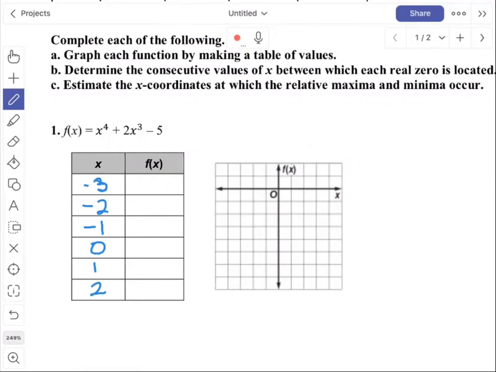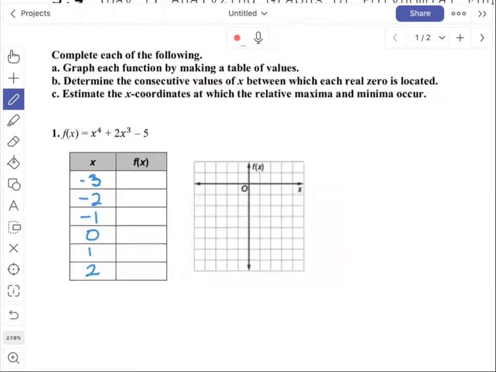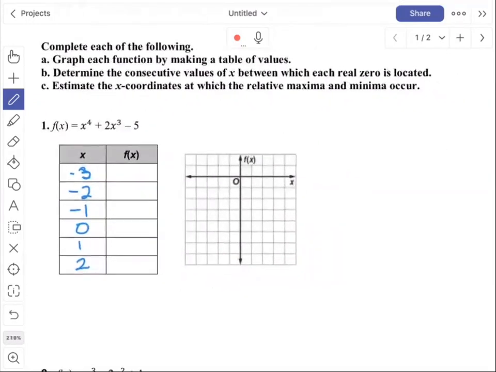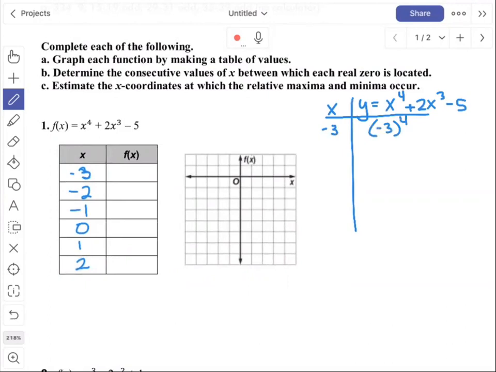All right, so when I plug -3 into my function, there are different ways you can do this. You can use synthetic division, or you can literally just plug into your function x to the fourth plus 2x to the third minus 5. So I get (-3) to the fourth plus 2 times (-3) to the third minus 5.